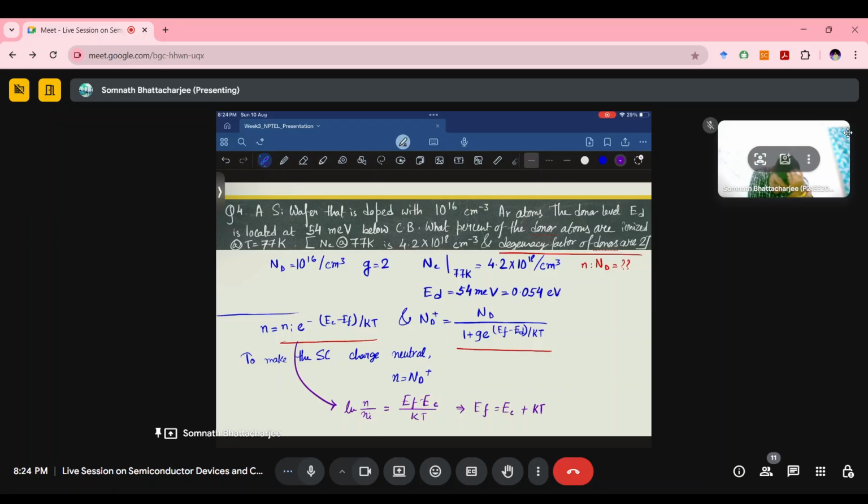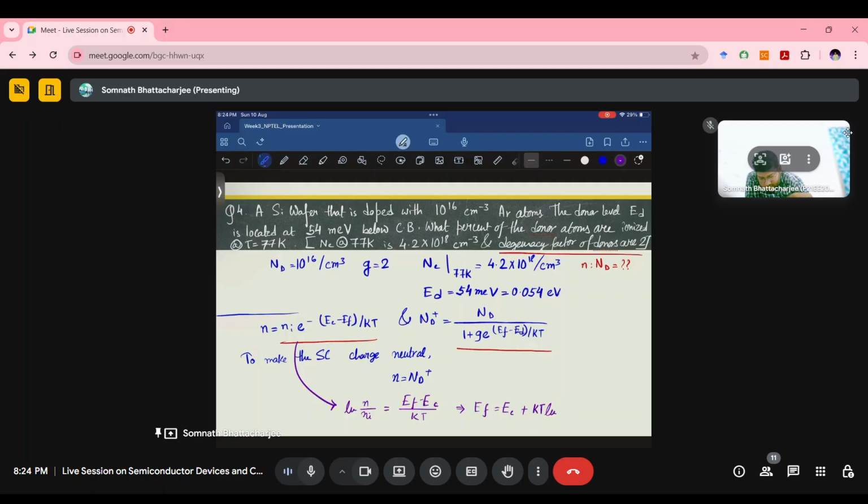Just a second. EF goes outside. EC plus KT of ln of Ni by N, right? Sorry, I mistook.